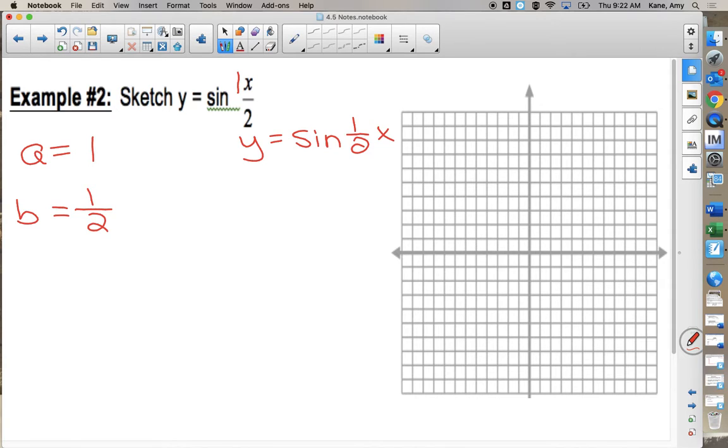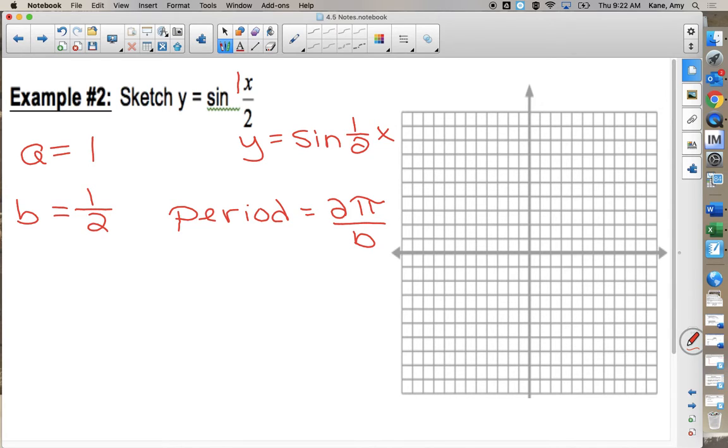So anytime you're dividing that x, there's really a number in front of that x. It is a fraction of 1/2. So we have to decide how this graph is affecting our period. And the period is found by taking 2 pi and dividing it by b. Because the typical distance is 2 pi around the unit circle.